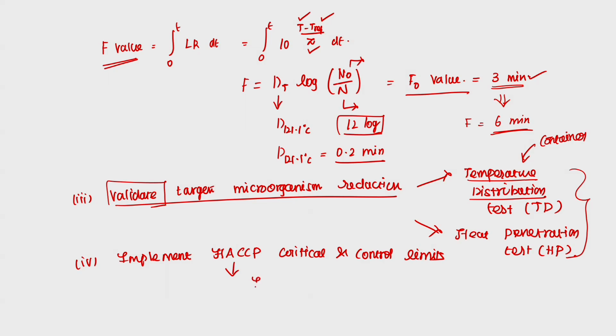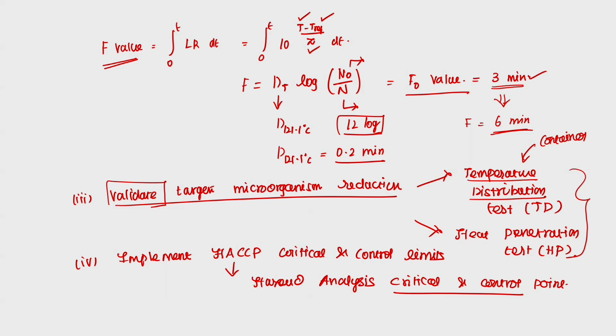So this HACCP is nothing but hazard analysis and critical control point. Right. So these critical limits are chosen based on the worst case conditions. So this is the overall process, right.